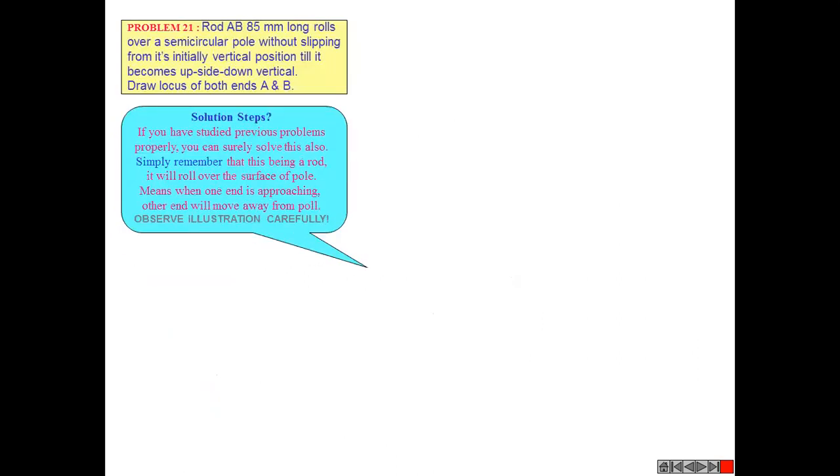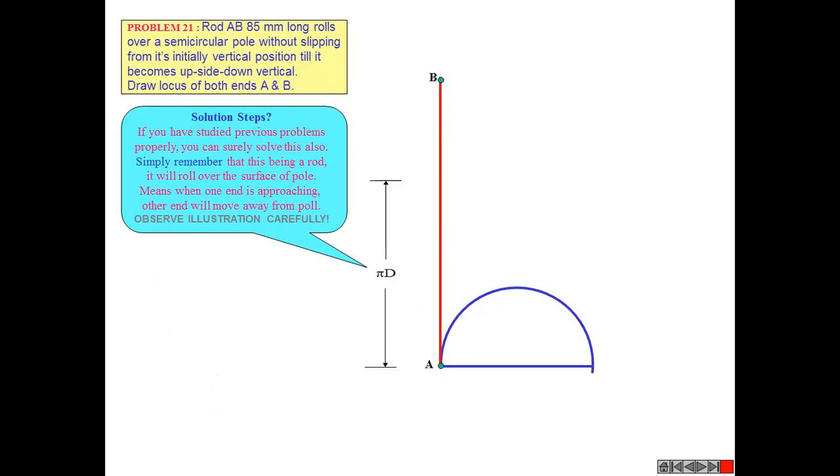Like this. And then we saw the special case of a rod rolling over a semicircular pole. How its locus will be like this: first, it will tilt slightly. B will move towards the right, A will move towards the left.